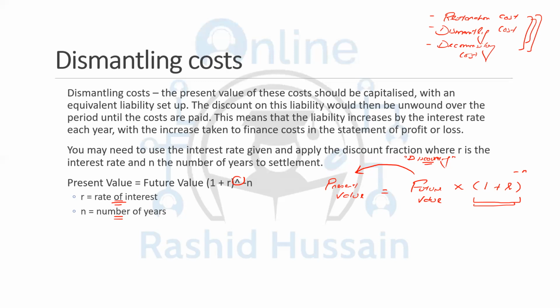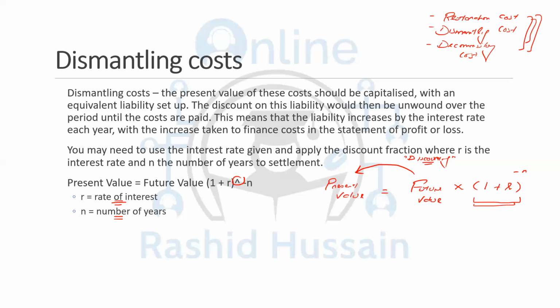Now, the idea is that you have installed an asset, you're using an asset, and you're required, either by contractual obligation or legal obligation, whatever it is, to dismantle it, to decommission it, to restore the site after a certain number of years.